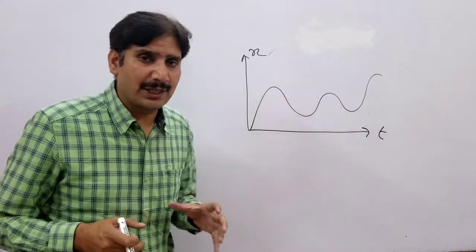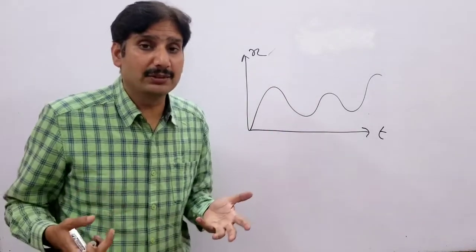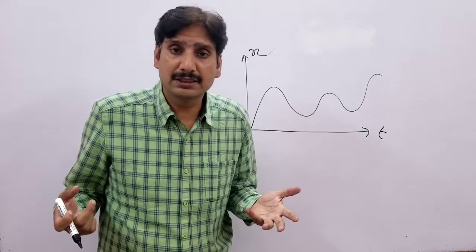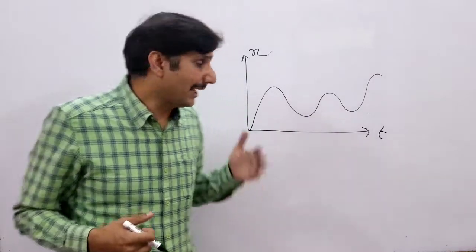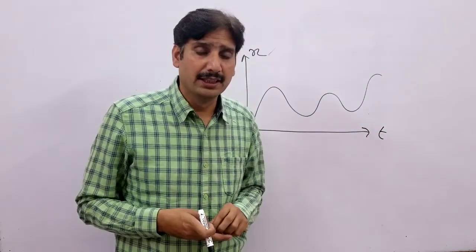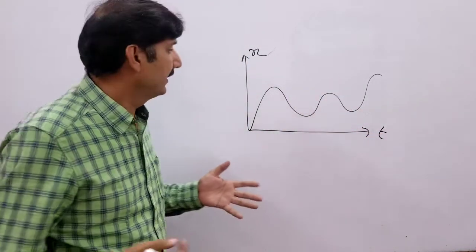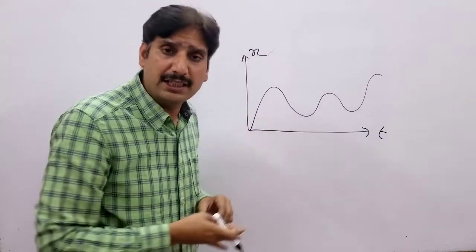Were there some points when velocity was maximum? Was there some point when velocity was zero or minimum? Can we see these things? Did velocity become negative during this time? There are so many things I can draw information about from this curve.